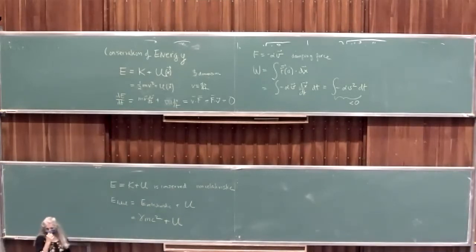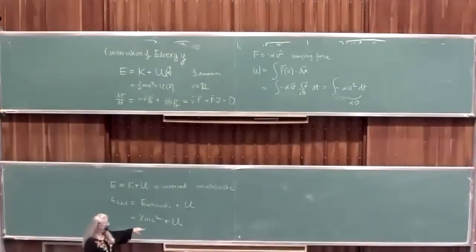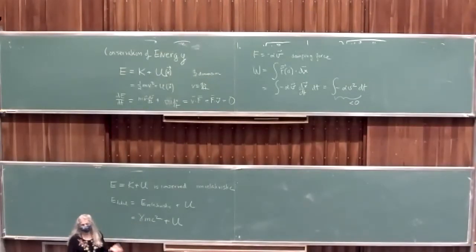So we would say you have a particle that's now the total energy, potential energy plus the relativistic energy. And in the limit of low velocities, gamma goes to 1 plus the kinetic energy, right? So remember the E minus mc squared. So E minus the rest energy is equal to the potential energy.